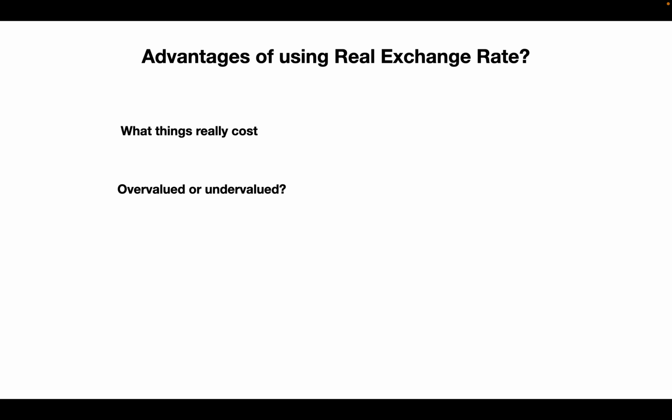You can use real exchange rate to calculate that. Also, if you want to buy some luxury goods and other stuff, you can also get the result by using the real exchange rate. And we can also know if the nominal exchange rate is overvalued or undervalued.